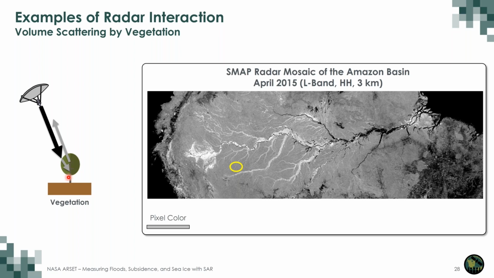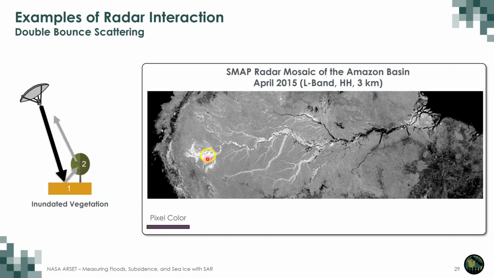The more biomass, the more above ground structure the tree has, the higher the radar brightness becomes. This is really useful because we can look at the amount of scattering in radar over tree covers and can use that to understand the amount of biomass. The more scattering, the higher the biomass of the forest.